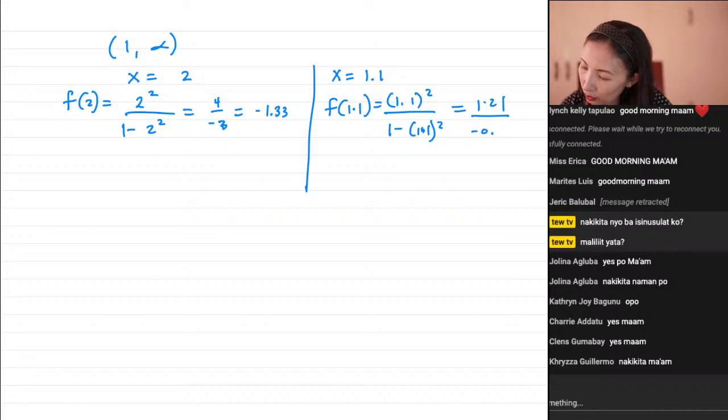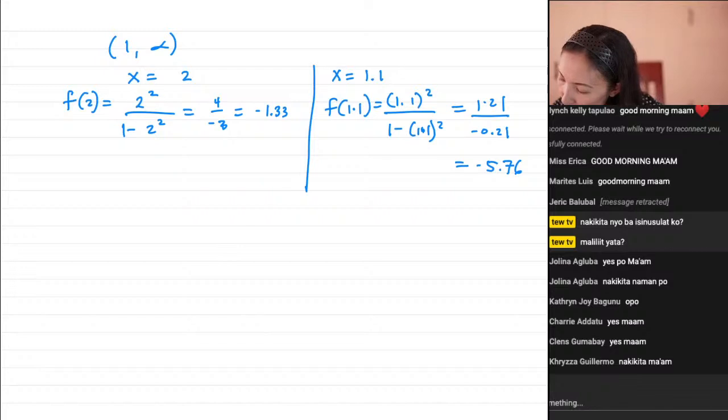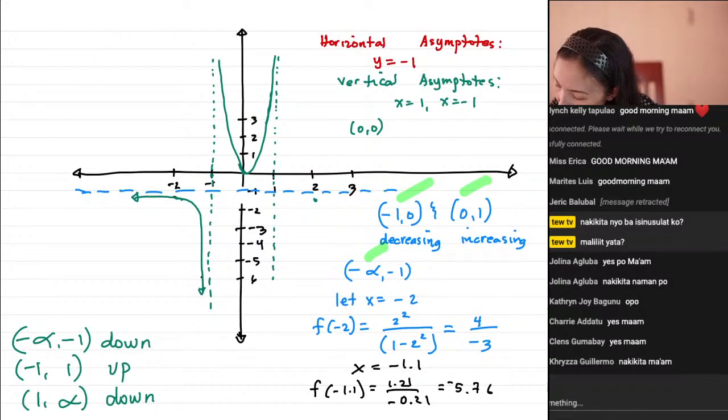What is it equal to? The same as the previous. Okay? 1.21 divided by 0.21 is negative 5.76. So take note that you will end up with the same values. Correct. Okay, negative 5.76 is somewhere here.